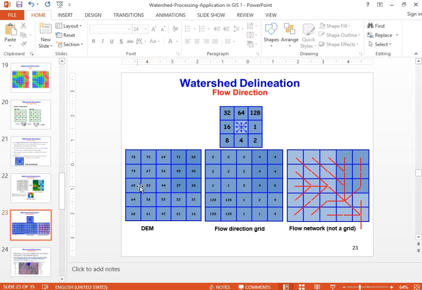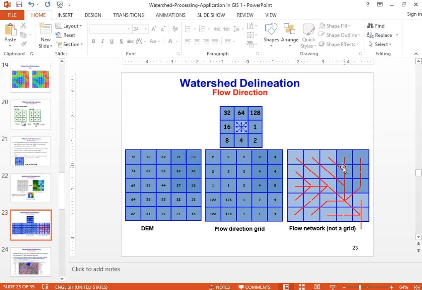And this may flow to this one because this value is smaller than the other one. The slope is high between this one and this one. That's why. And this may flow to this one. That's why the direction is just like this.